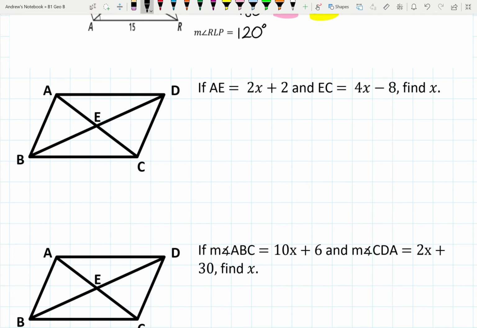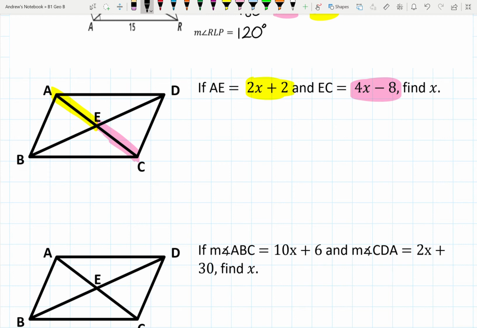So what we're given is that AE is 2x plus 2, and EC is 4x minus 8. So 2x plus 2 in the yellow, 4x minus 8 with the pink. To figure out what x is, I got to think about what those two pieces of information can be set up as.